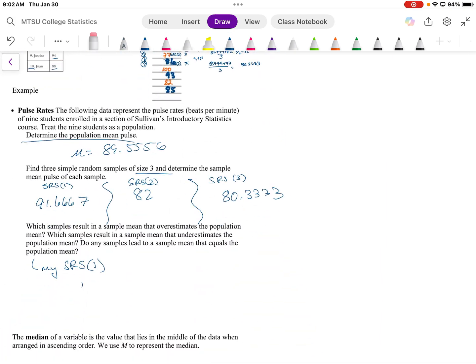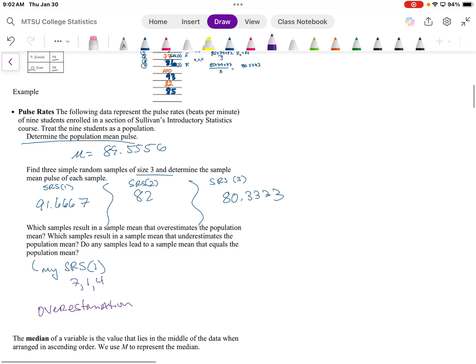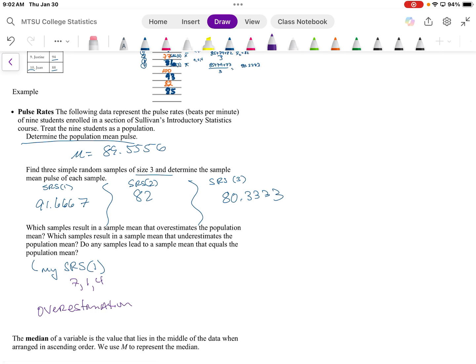So using students 7, 1, and 4 allowed me to have an overestimation, because that sample, looking at it, 91 is bigger than 89. Which samples result in sample means that underestimate the population? Well, both of my samples 2 and 3. So my SRS 2 and 3 underestimate.